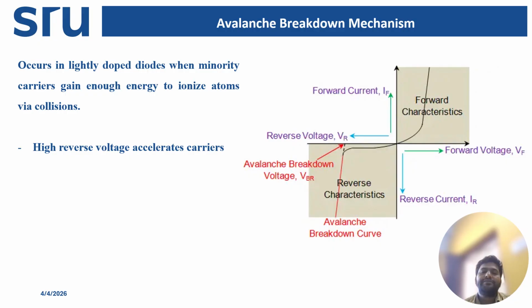If current is properly controlled, the diode can operate safely in the breakdown region. So applications of avalanche diode: surge protection circuit, over voltage protection, and photo detectors.